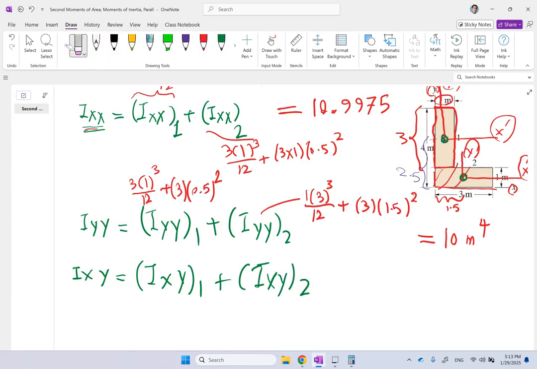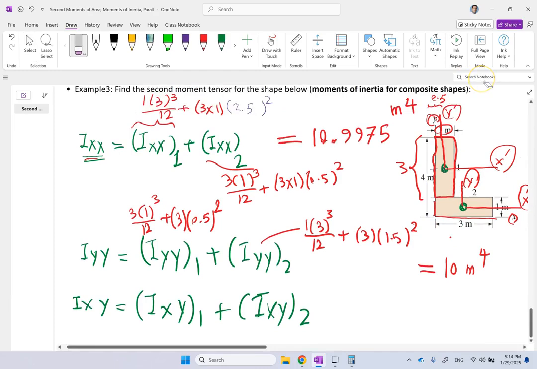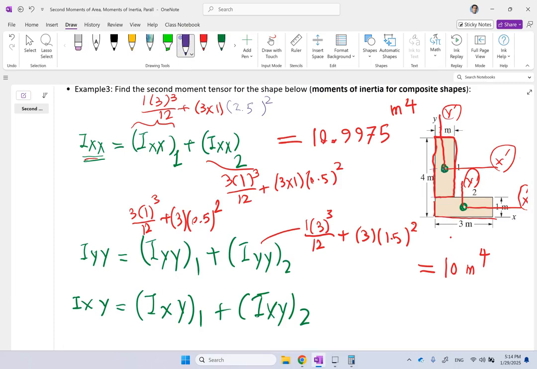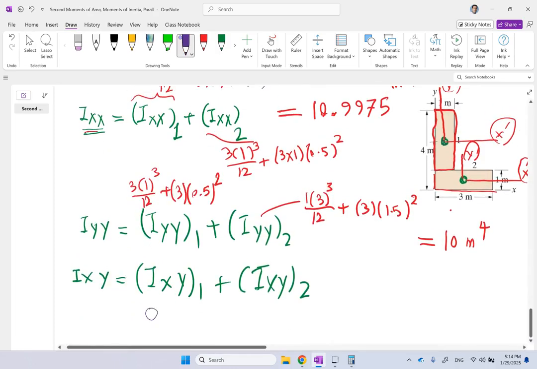Now for shape 1, let's clean up a little bit. So for shape 1, what we need is IXY with respect to its centroid, which is Ix prime y prime, which is clearly 0, plus the area of it, which is 3, times dx dy.